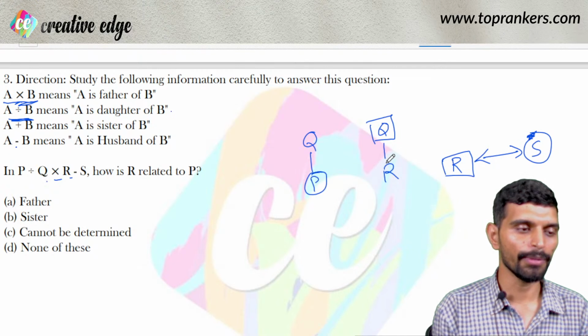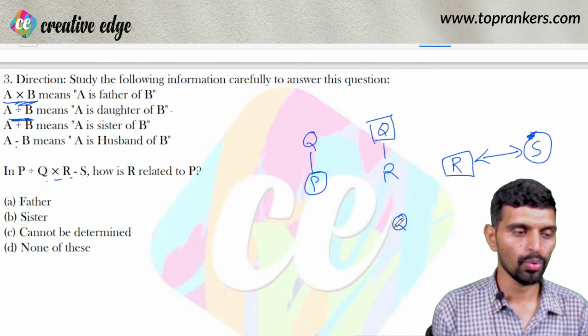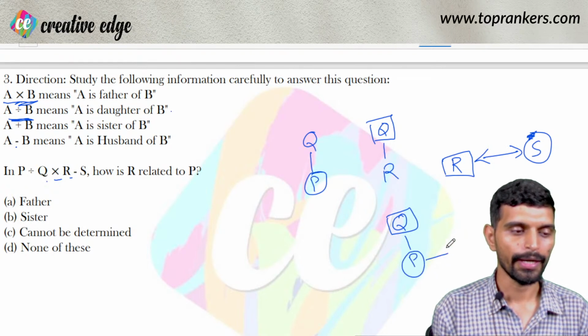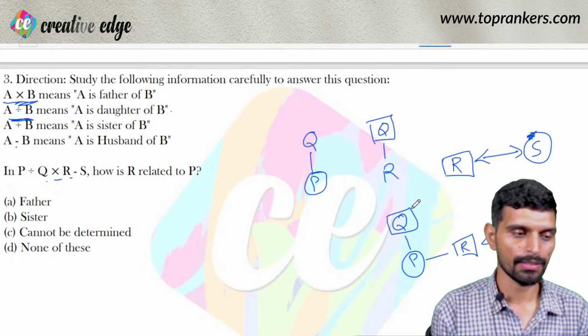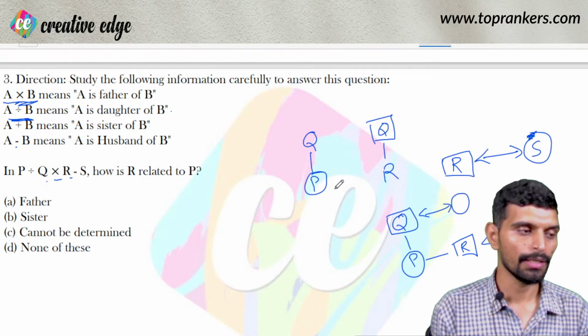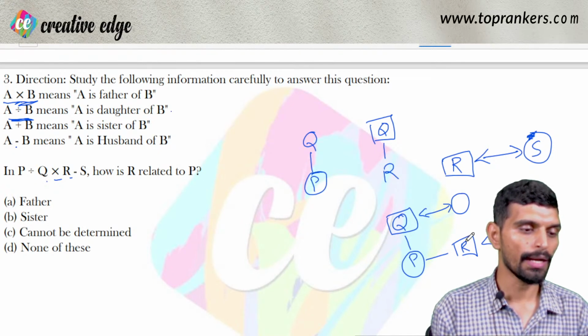The common link between second and third is R, and first and second is Q. So Q is father of P, who is female and has a brother R, and this R is married to S. We don't have any information about wife of Q, right? How is R related to P?